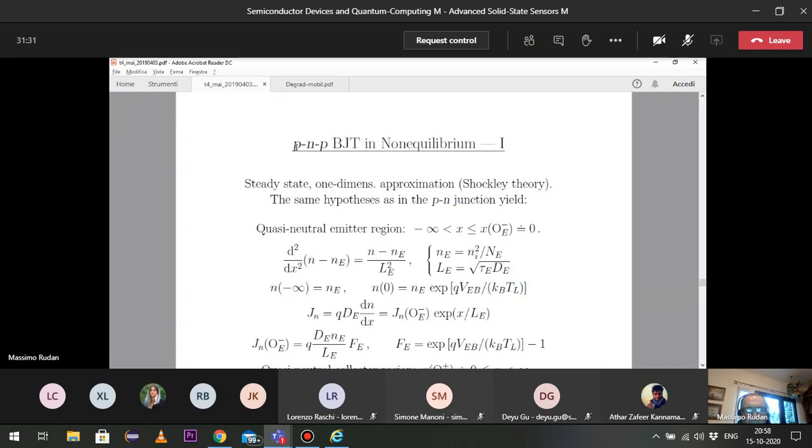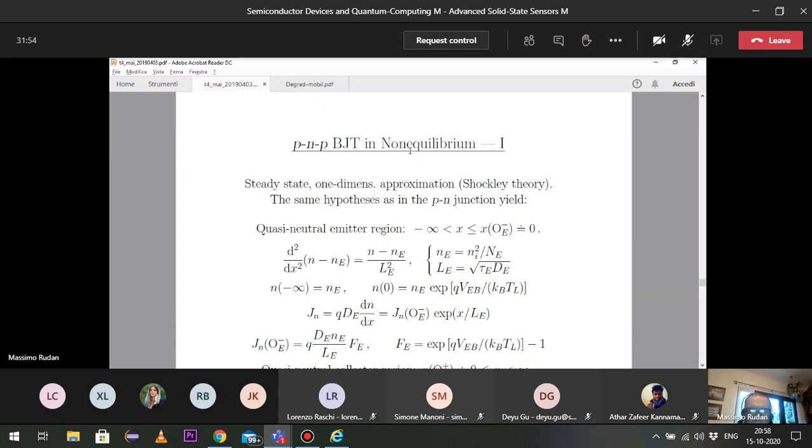In the PNP transistor, when we start, for instance, with the emitter region doped of the p-type, the minority carriers are the electrons. So what we seek is a differential equation for the concentration of the electrons in the emitter.